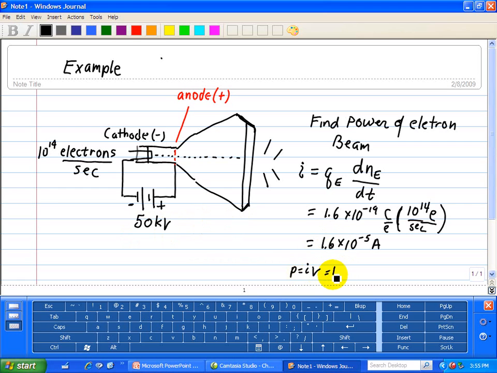That's 1.6 times 10 to the minus 5th amps multiplied by 50 kilovolts, which is times 10 to the 3rd volts, which yields 0.8 watts. And that's our answer for our power. So let me highlight those answers.